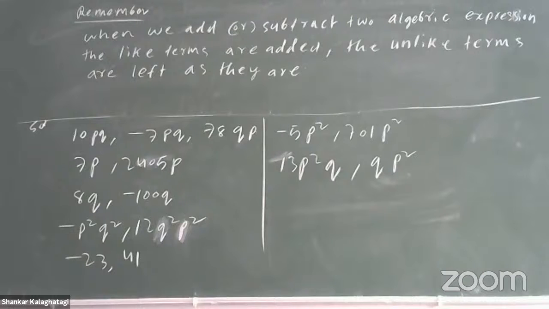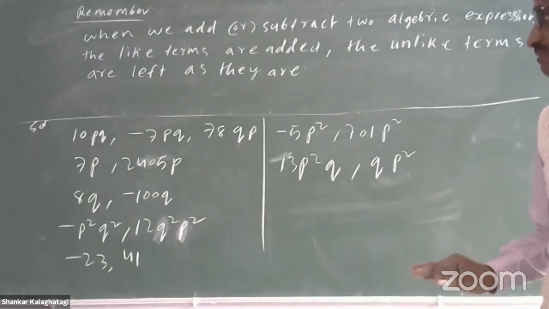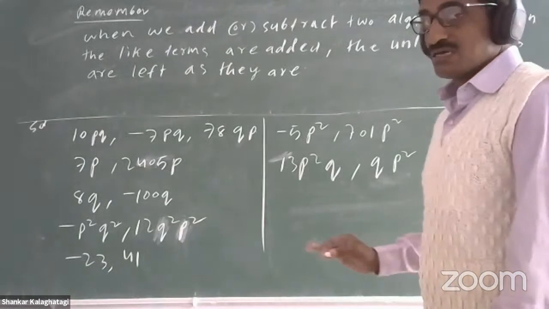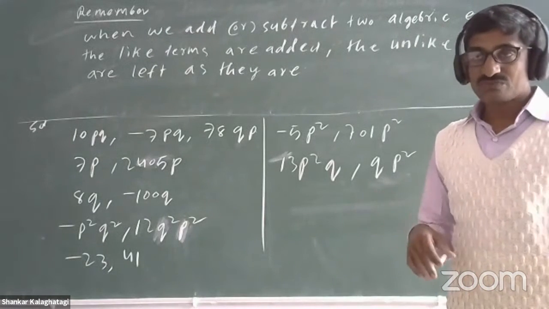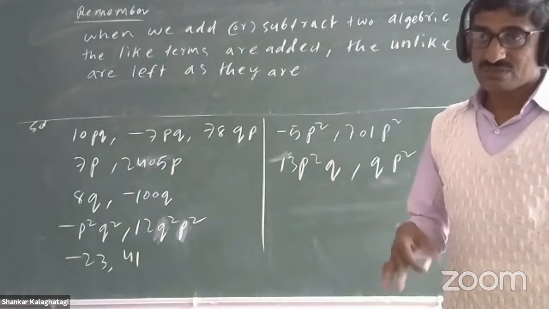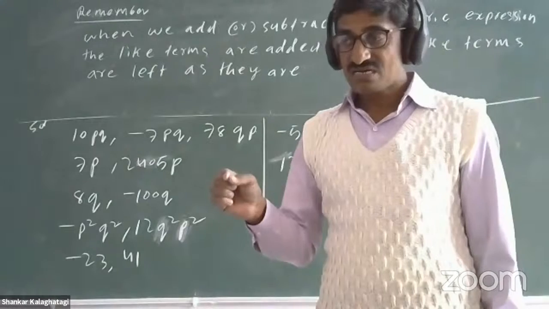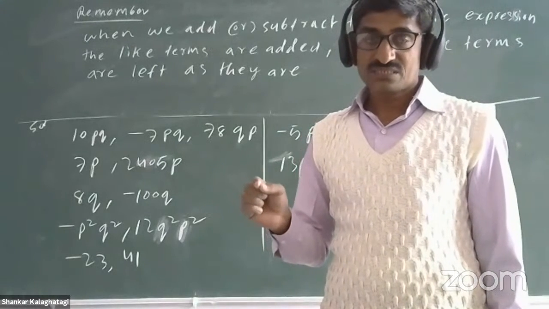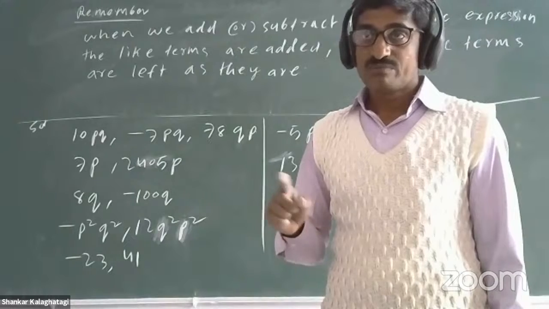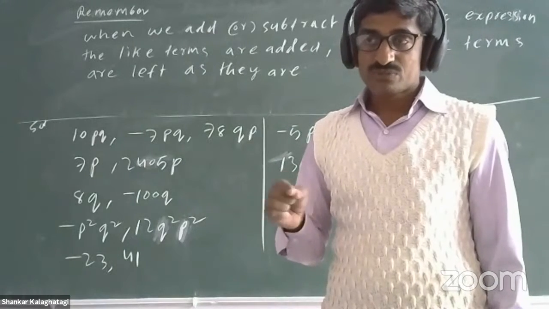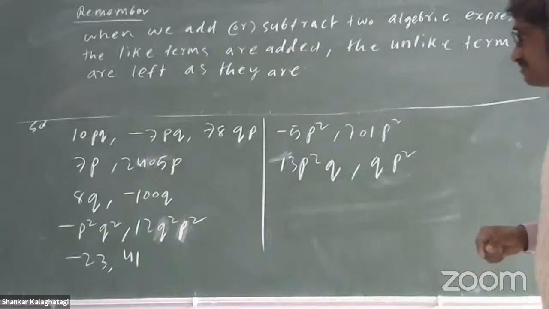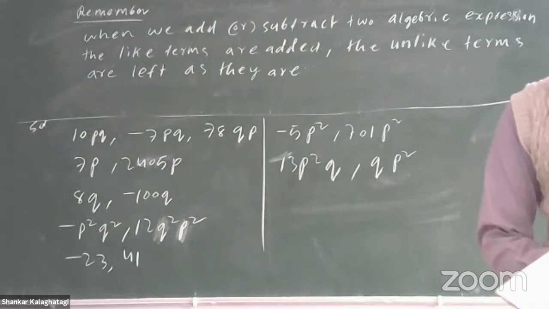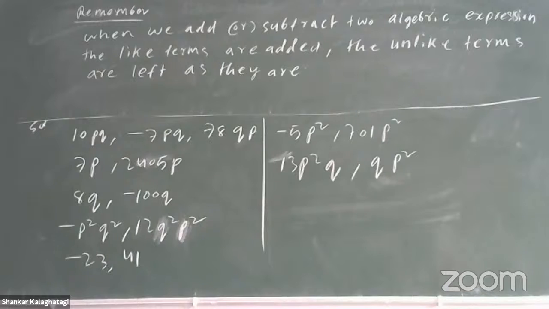We are going to add only like terms, and the unlike terms are left as they are. If there are only like terms, we are going to add them up. Add means what here? If negative and positive are there, we are going to subtract. If both are negative, we are going to add them. You must remember the integer rules. You learned integers, no? When both are positive, add them. So like that, you just once see the integers chapter.